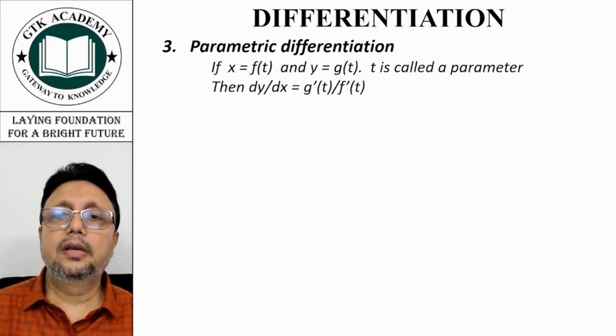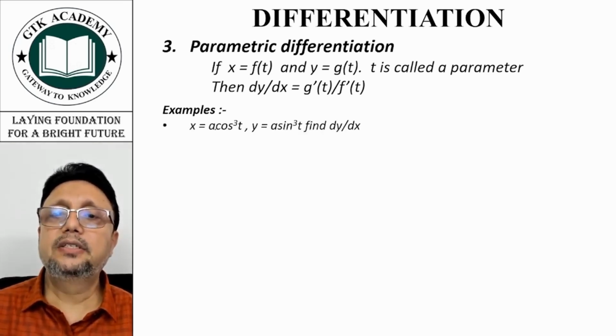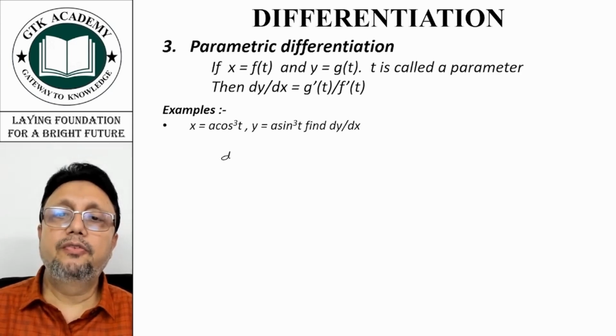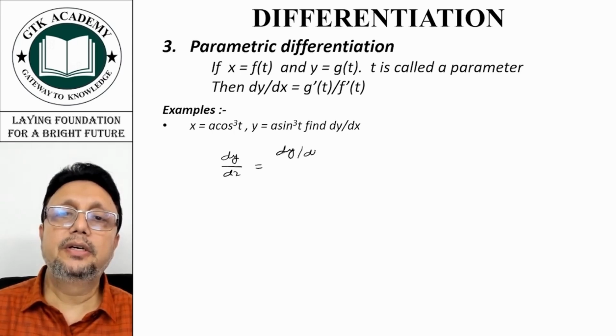Now let's try out one or two examples. Now, x is equal to a cos cube t, y is equal to a sin cube t. We have to find dy by dx. So dy by dx is equal to dy by dt upon dx upon dt.